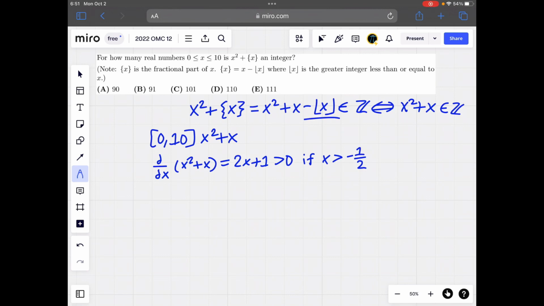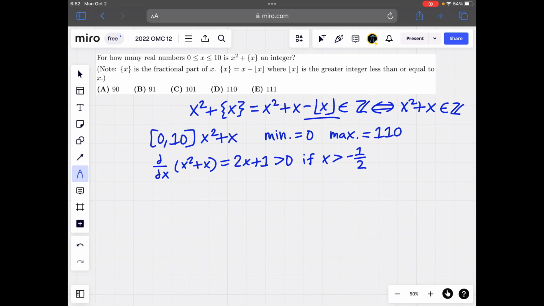So the minimum will occur at 0 and the maximum will occur at 10. The minimum is just 0, and the maximum is 10 squared plus 10, which is equal to 110. Because this function x squared plus x is strictly increasing on the interval 0 to 10, each integer between 0 and 110 is going to be obtained by x squared plus x exactly once for x between 0 and 10.